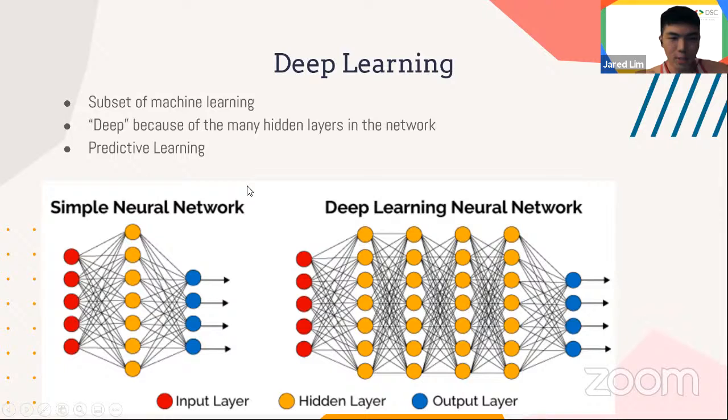So basically, deep learning comprises mainly of neural networks. It's called neural networks because it mirrors the way the brain works, and the researchers, all these deep learning experts, like to call these layers neurons.